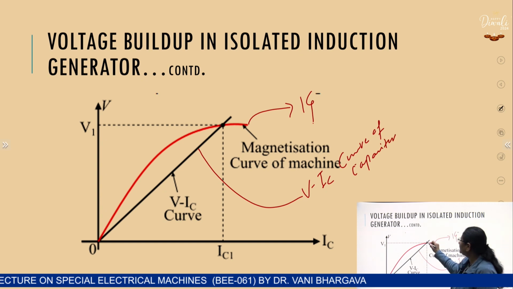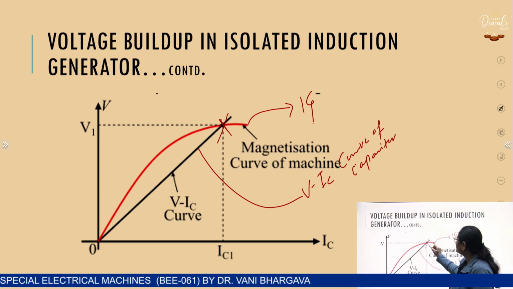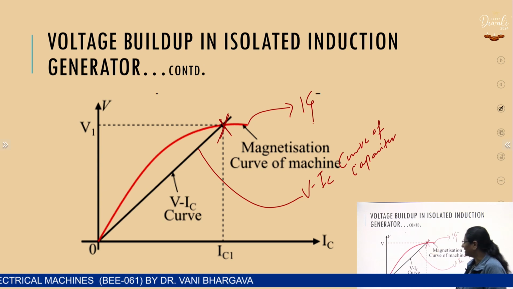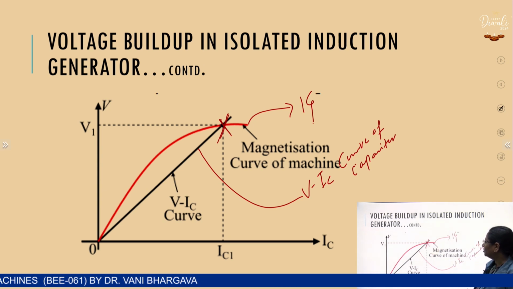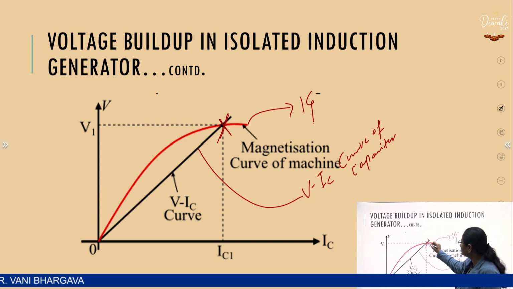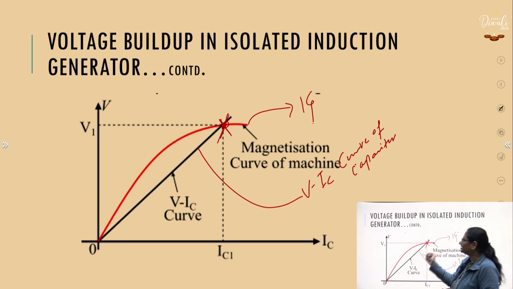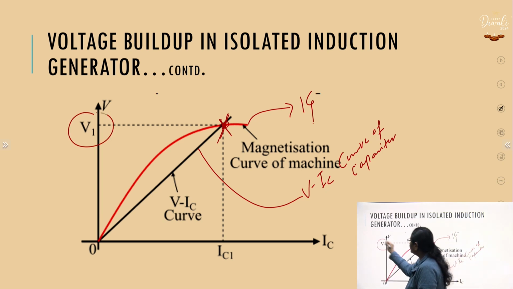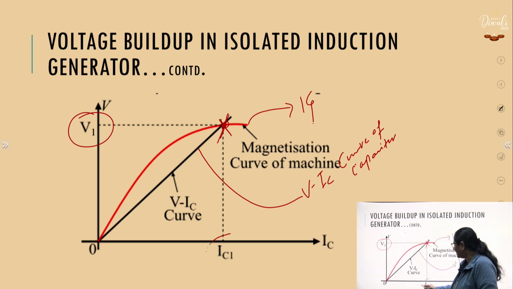So, the intersection point of the magnetization characteristic and the VI curve of the capacitor bank gives the operating point of the machine. Corresponding to this, V1 is the induced voltage and IC1 is the capacitor current.